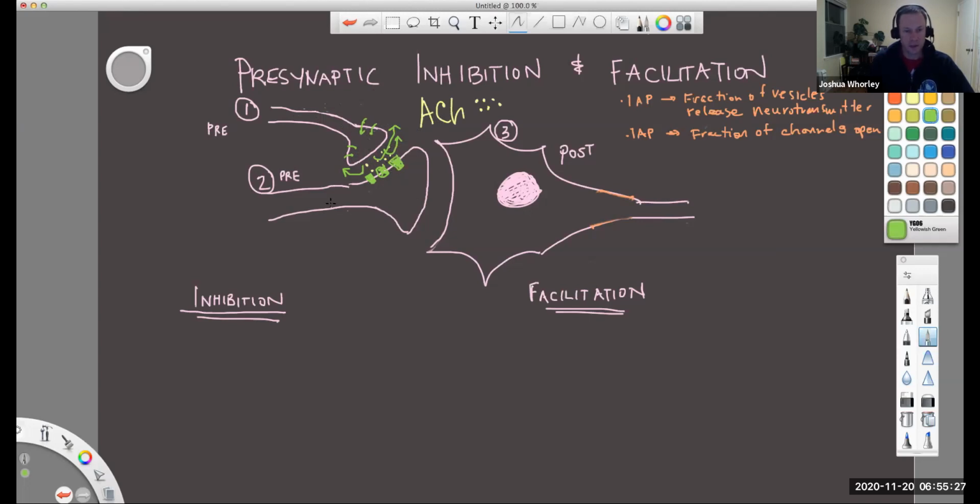And so now when another action potential arrives here, we do get calcium trying to enter, but again, they're going to encounter some of these blocked channels, right? And so that means that when an action potential arrives in this cell, if it happens a millisecond after an action potential arrives at this cell, a smaller amount of calcium is going to be released, right?